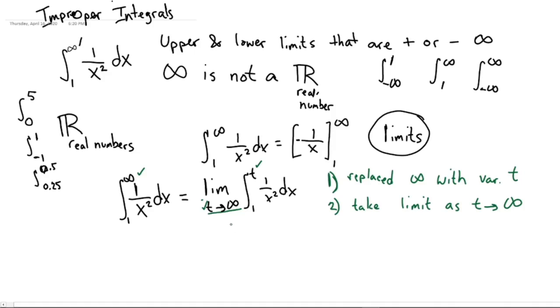And so now we can take that antiderivative. I'll keep it green to make my point that this is the proper way of taking the antiderivative of an improper integral. And now we have from 1 to t.